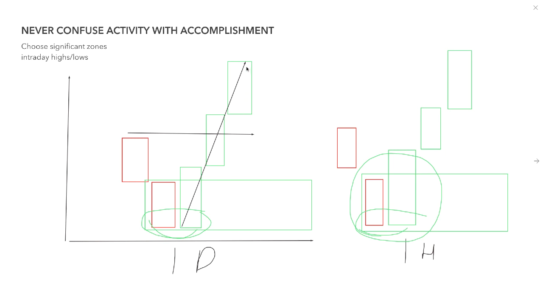So it only makes sense that, if this represents 5 and this represents 4, and this represents maybe 6, where is the best place to buy if prices come back? Are you going to be buying at the top of the zone, or do you want to be buying at the bottom of the zone?